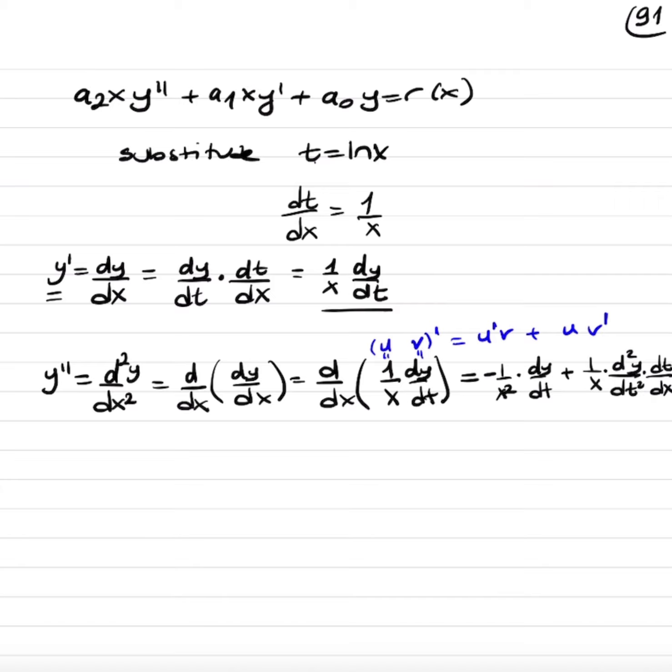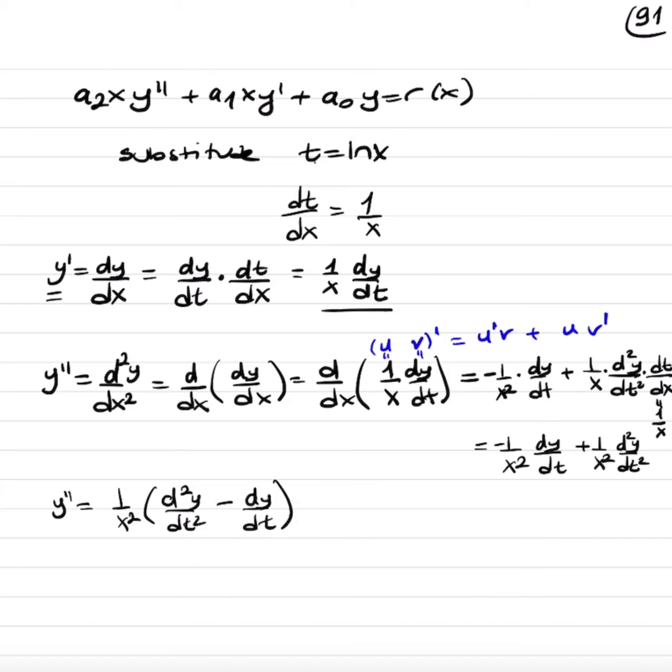We need to take the derivative of the inside, and we know dt over dx is equal to 1 over x. So we have minus 1 over x^2 dy over dt plus 1 over x^2 d^2y over dt^2. So when you see y double prime, if we take 1 over x^2 in parentheses, you will see d^2y over dt^2 minus dy over dt. Great.